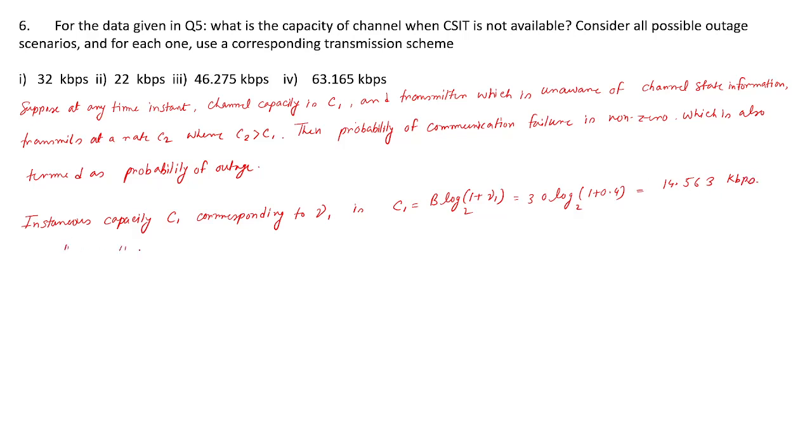Similarly, instantaneous capacity C2 corresponding to gamma 2. Let us call these C dash 2 and C dash 1, just so as not to confuse them.